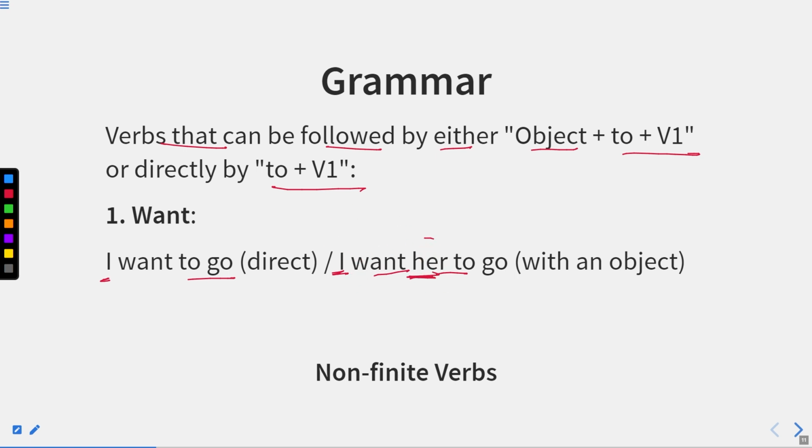It means I want that she goes somewhere. So I want this action for her. So there is a difference between these two sentences if we use these structures. Now let us move to the next one.